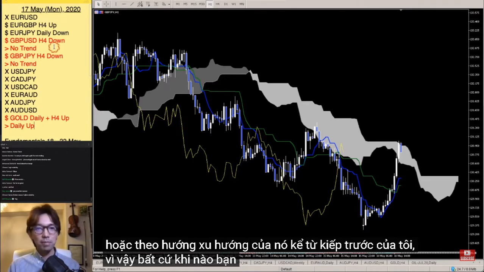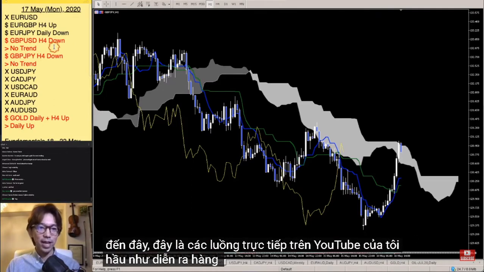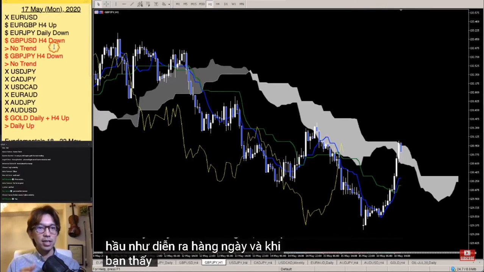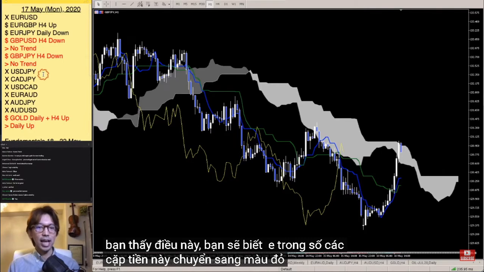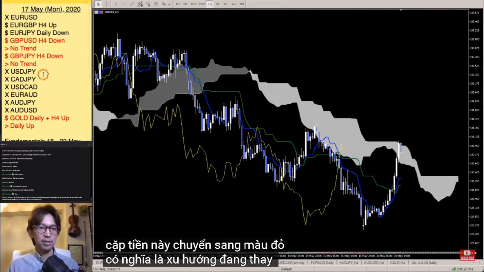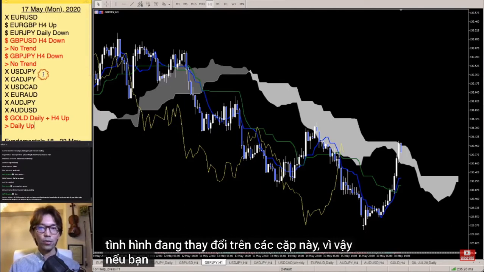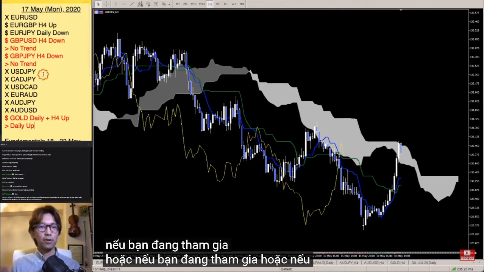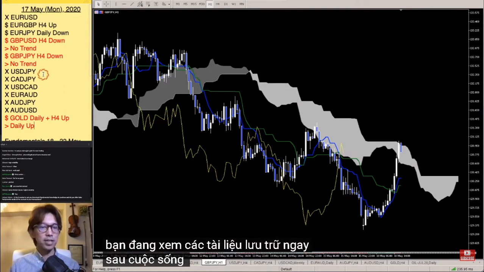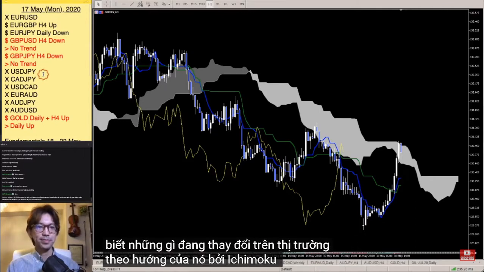Whenever you come to my YouTube live streams almost every day, and you see one of these currency pairs turning red, that means the trend or the situation is changing on these pairs. So if you are joining late, or joining early, or looking at the archives right after this public live, you will instantly know what's changing in the market in its direction by Ichimoku.